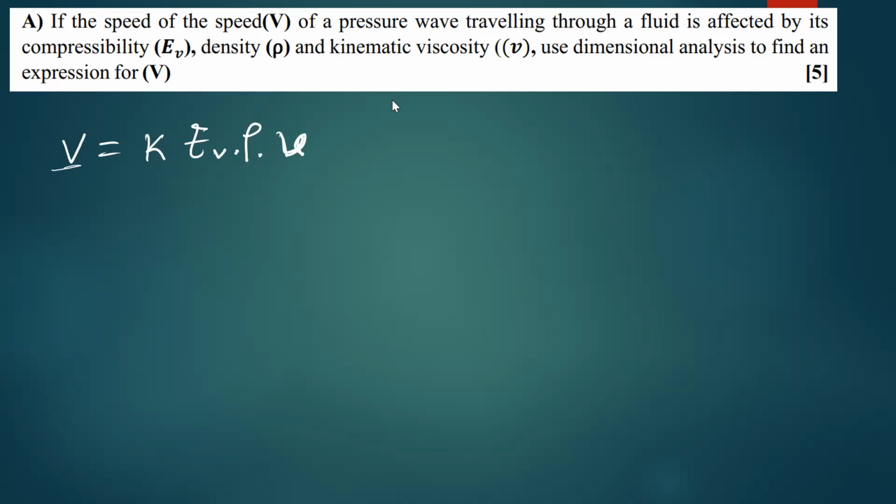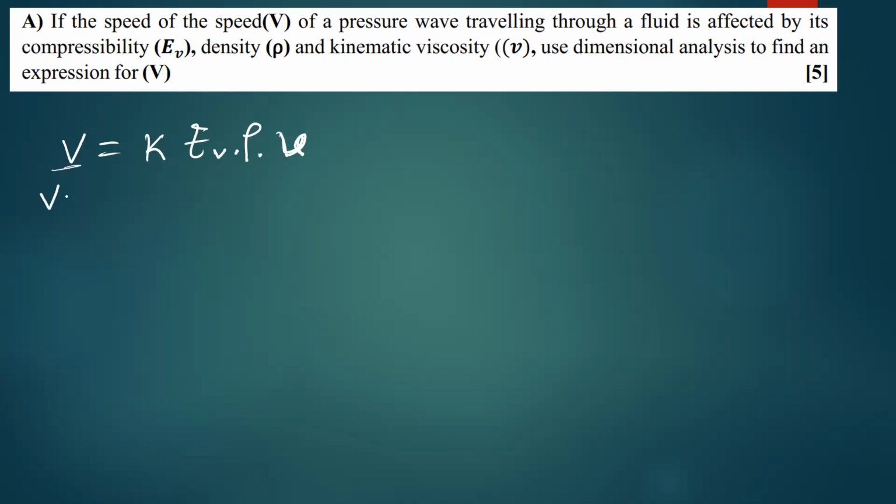Okay, so the first thing that you need to do when you've been asked such a question is you first have to write the dimensions for all the expressions that you've been given. So the dimensions for velocity, we derived that in the previous slide.